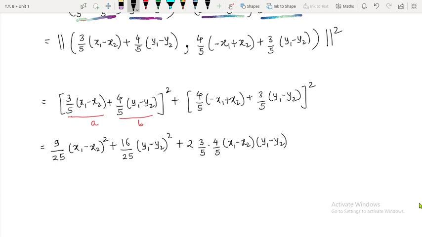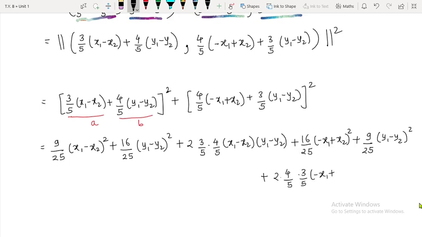Now these are the calculations for the first term. Now for the second term, plus 16 upon 25 (minus x1 plus x2) square plus 9 upon 25 (y1 minus y2) square and plus twice ab. So plus twice 4 upon 5 multiplied by 3 upon 5, (minus x1 plus x2) multiplied by (y1 minus y2).